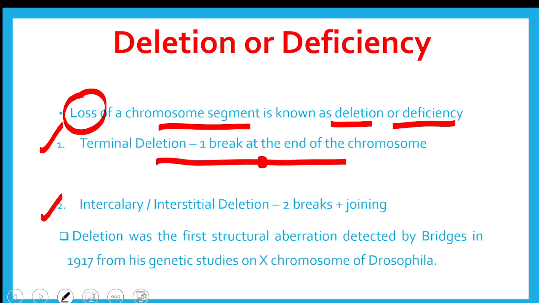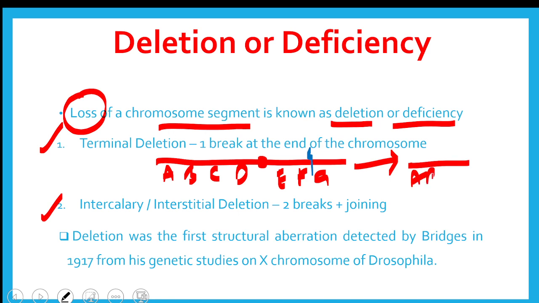Let us say this is one chromosome, A, B, C, D, E, F, G. Now there is a break here. Why does this break occur? It may be due to chemicals or X-rays or anything. When this occurs, we get two parts, one with A, B, C, D, E, F and the other with G. One is said to be a loss. Why do we say it is a loss?